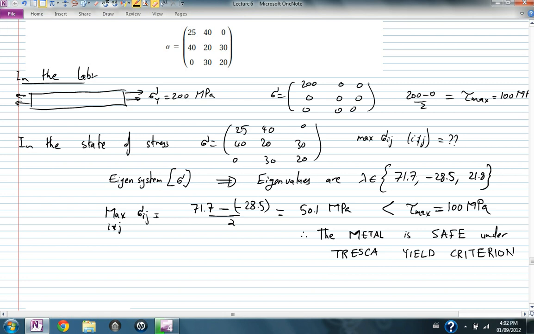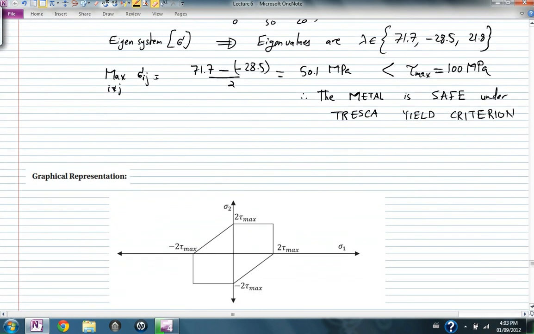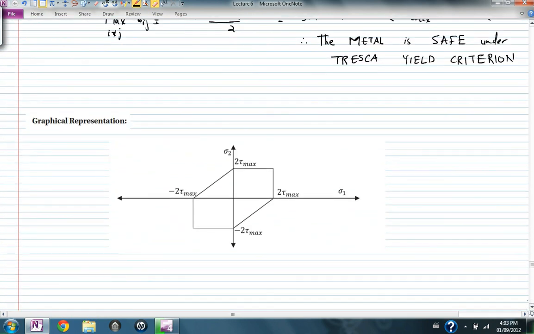So let's visualize this Tresca yield criterion using a graph. Basically, what I want to visualize is this equation: the maximum of sigma 1 minus sigma 2, sigma 1 minus sigma 3, and sigma 3 minus sigma 2, divided by 2, is equal to tau maximum.